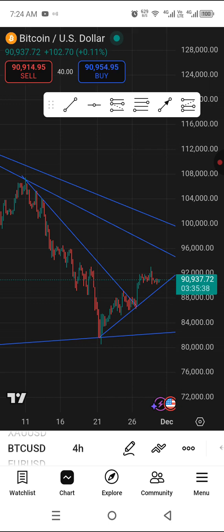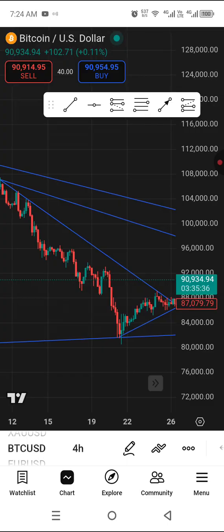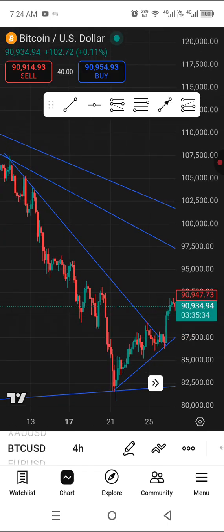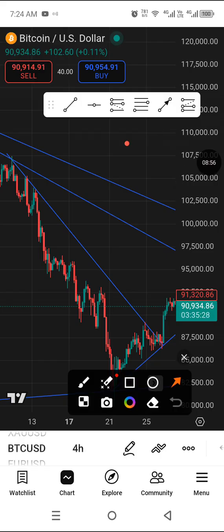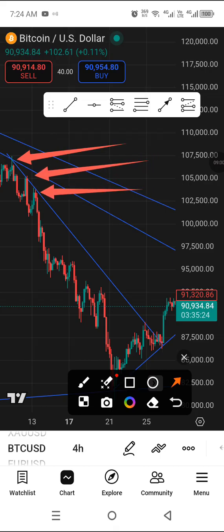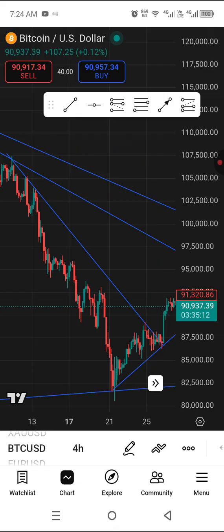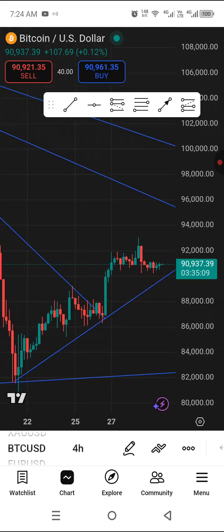For example, we have this trend line here on the 4-hour time frame, which already has 3 touch points: the first, the second, the third, and the fourth touch point is here. So when price breaks outside, like at this point, and starts going up, that is when you take the trade. Let us come close to it and I show you.